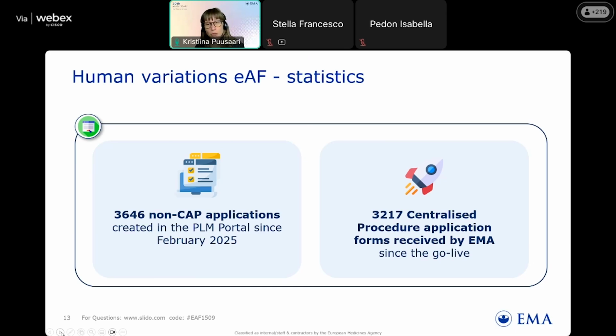And for centralized procedure, up to today, over 6,000 forms have been created in the PLM portal, and we have received at the EMA in production use more than 3,200 application forms. So this is a nice number. It represents today approximately 50 to 70% of all variation applications that are submitted for centralized procedure.